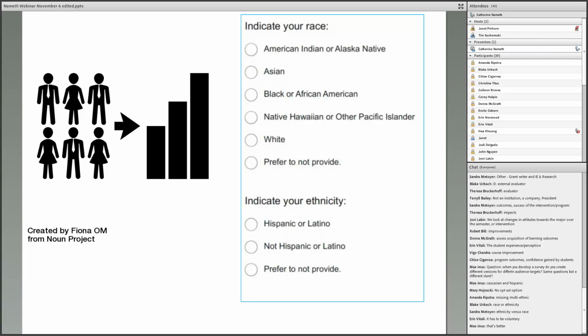I see that there's a question in the chat box. I'll go ahead and answer that now. First I'll read it to you. The question is, when you develop a survey, do you create different versions for different audience targets, the same questions but a different slant?